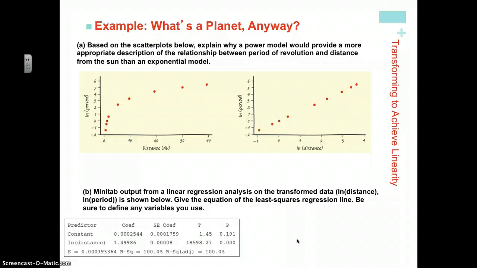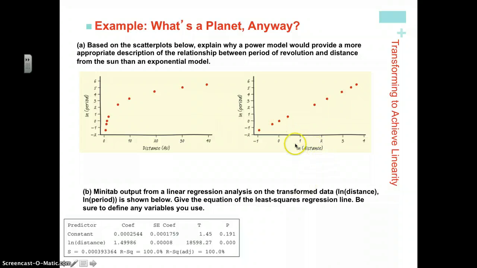Based on the scatter plots below, explain why a power model would provide a more appropriate description of the relationship between period of revolution and distance from the sun than an exponential model.